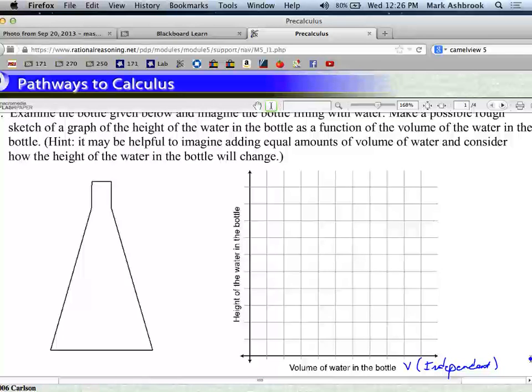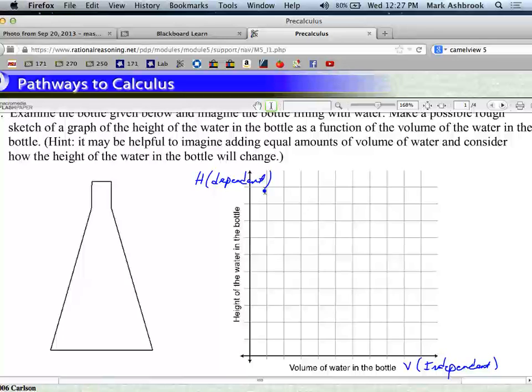It's the volume of water in the container. Yeah, so this is the volume of water in the container and then the resulting height. But you're right, the height depends on the volume in the container. So they practically told us. All we had to know is that independent is going to be on our horizontal axis, dependent we show on the vertical.